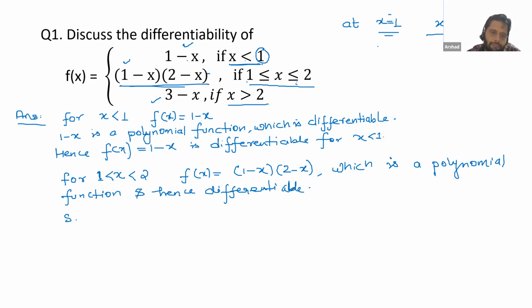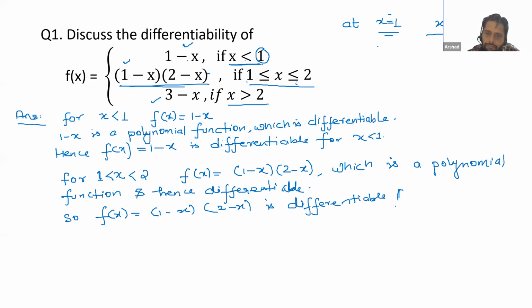So f(x) equal to (1 minus x)(2 minus x) is differentiable for x greater than 1.